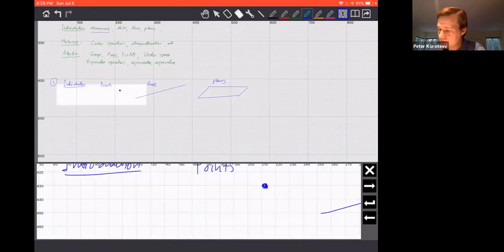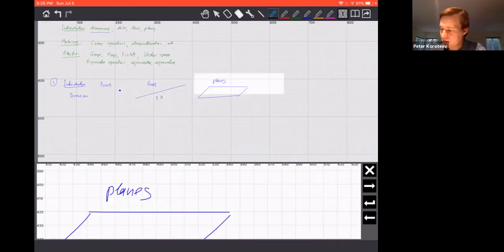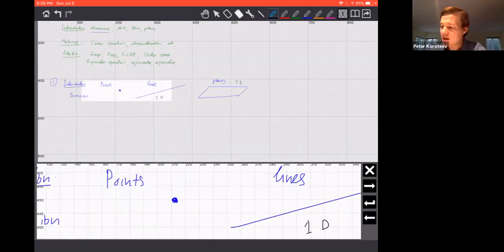I want to talk about dimension first. What is the concept of dimension? So we say about lines that they are one-dimensional, right? So planes are typically two-dimensional. How about the point?